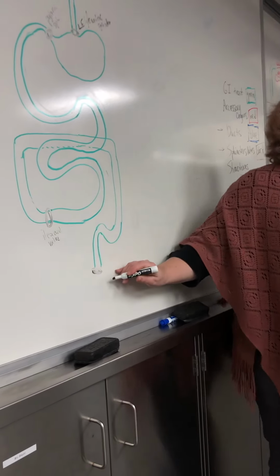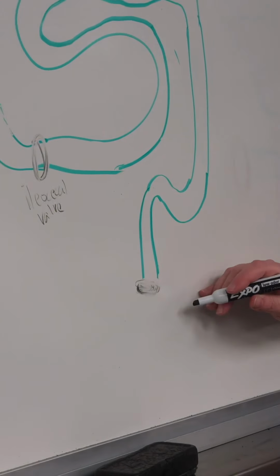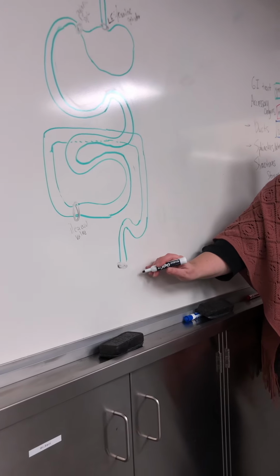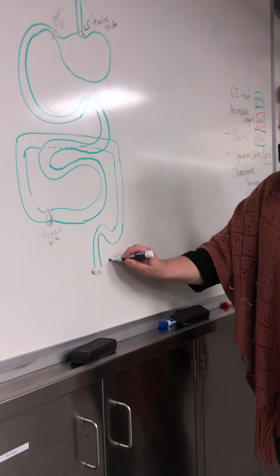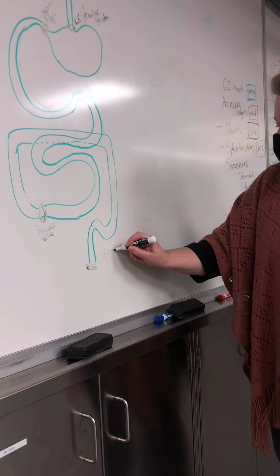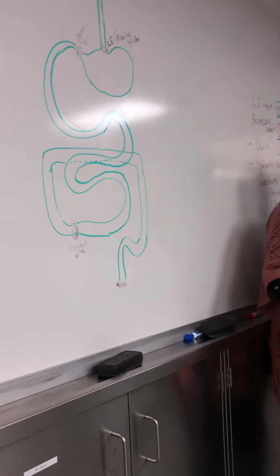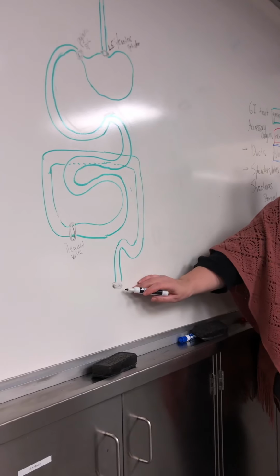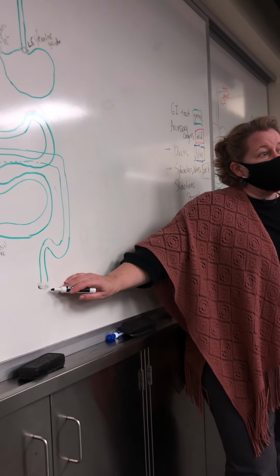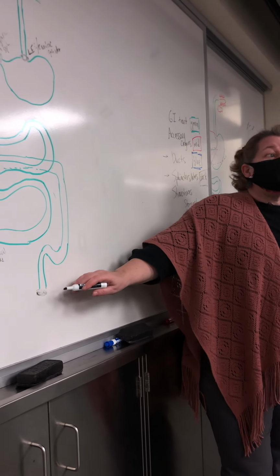It's a small ring of smooth muscle. This one's going to be called the internal anal sphincter. I'm not even going to write it, you know how to spell it. So the internal anal sphincter is made of smooth muscle, same as our other sphincters, and therefore it is involuntary.